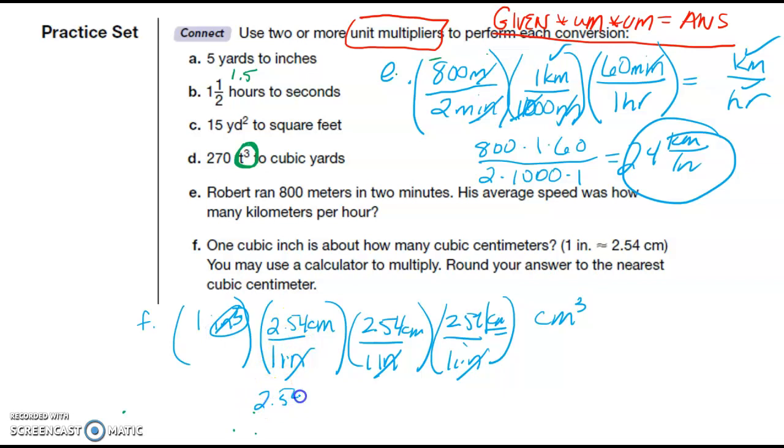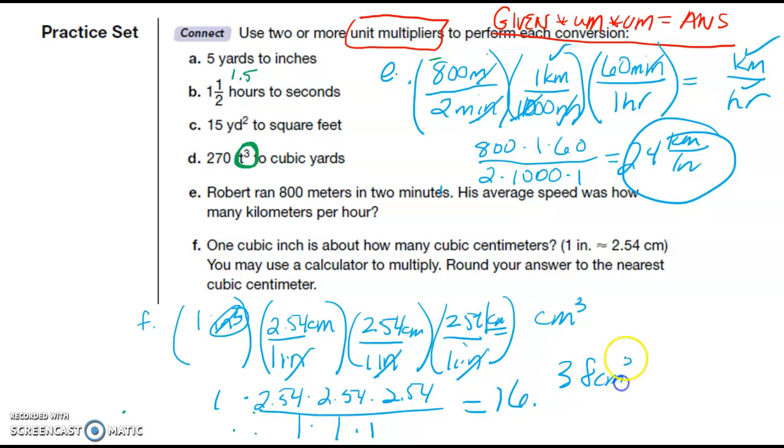So I end up with 1 times 2.54 times 2.54 times 2.54 over 1 times 1 times 1. And I get 16.38 cubic centimeters, but it says to round to the nearest one, so that'll be 16.